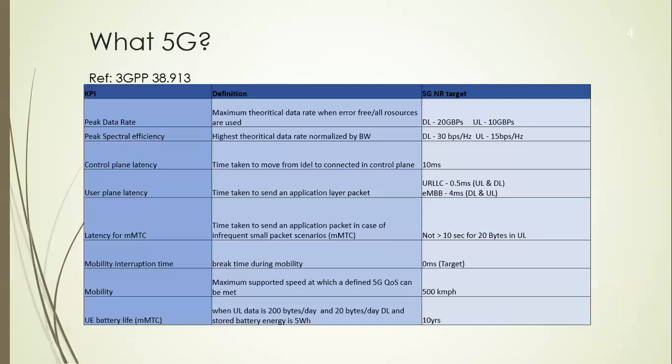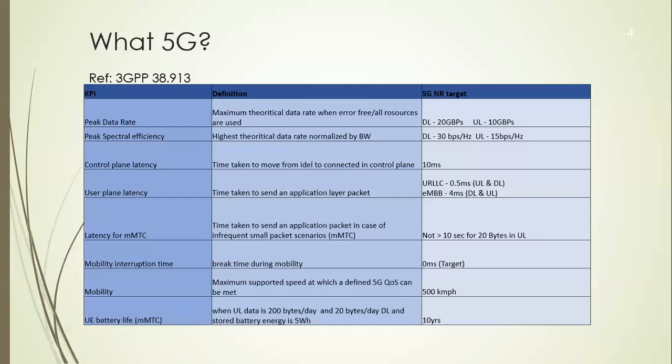The next KPI is mobility interruption time. That is the break time when the device is moving, for example, handing over from one cell to another cell. The target is 0 milliseconds. That means 5G is intolerant to any break in connectivity during mobility.